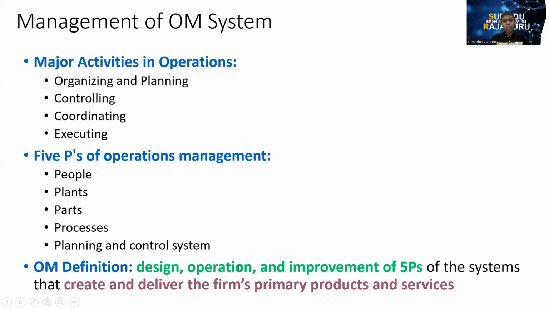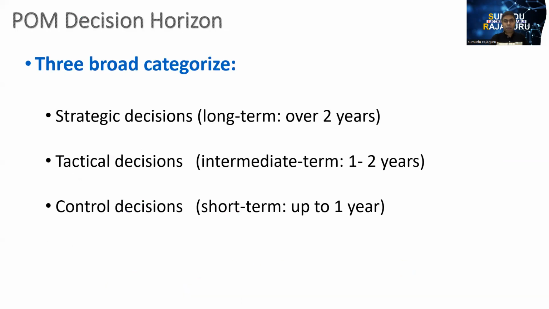So we can define operation management like this: design, operation, and improvement of the 5Ps: people, plant, parts, processes, planning and control system of the system that delivers the firm's primary product and service. That is a good definition we can give for operation management.